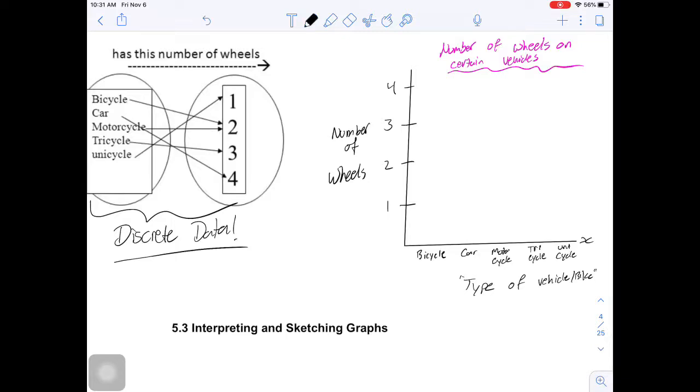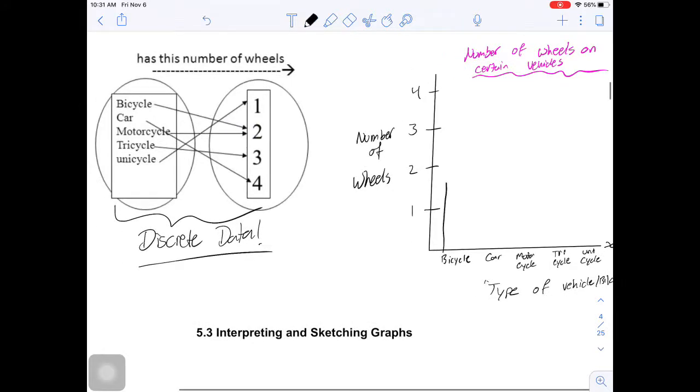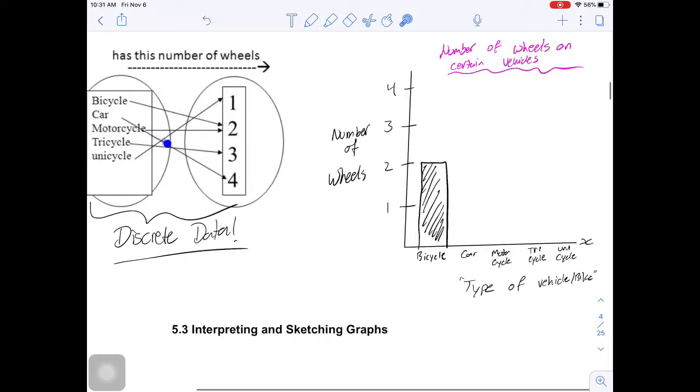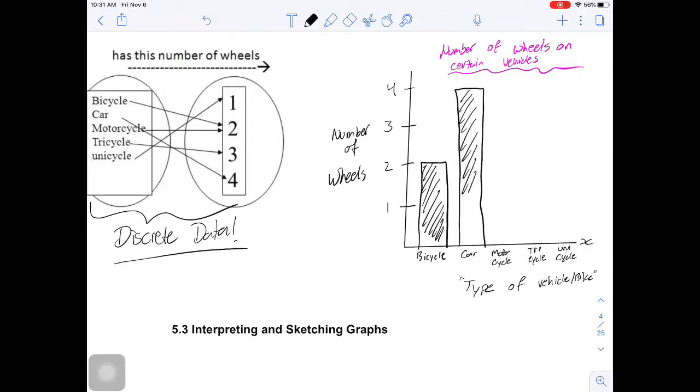So my bicycle, I have two wheels. So my bike, I go up and I go down, and I can shade it in, sure. My car, I have 4 wheels. So my car, I'm going to go right up and down. And recognize I'm making my bars roughly the same width.